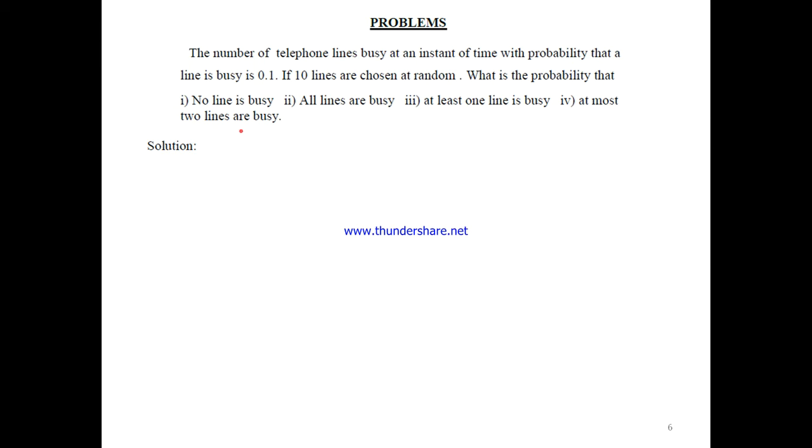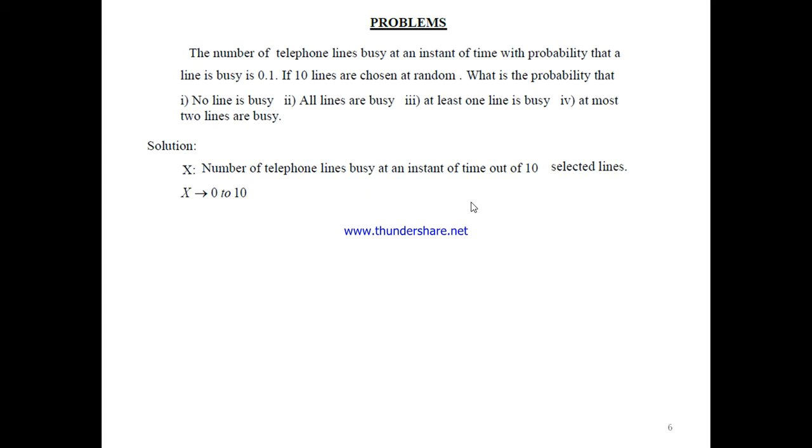So let us consider our random variable x as the number of telephone lines busy at an instant of time out of 10 selected lines. Always our random variable x is the number of successes out of n trials, and here we are considering the success as the line is busy, and since we are selecting 10 lines, the value for n is 10.